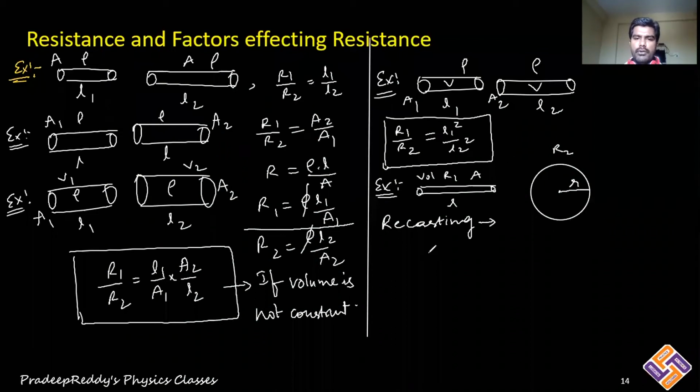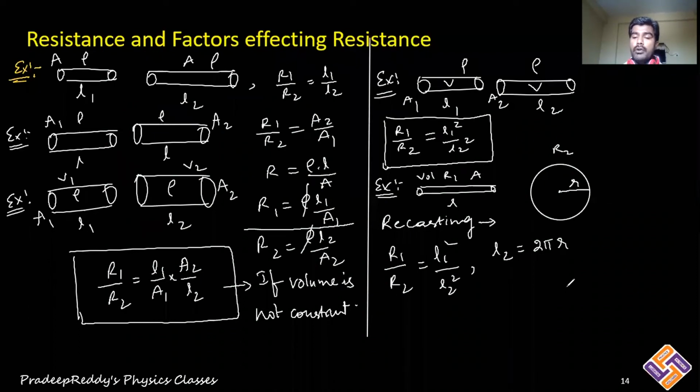Then what do you write? R1 by R2 is equal to L1 square divided by L2 square. But how do you write L2? L2 is equal to 2 pi R, because when you make it into a circle, the circumference is 2 pi R.